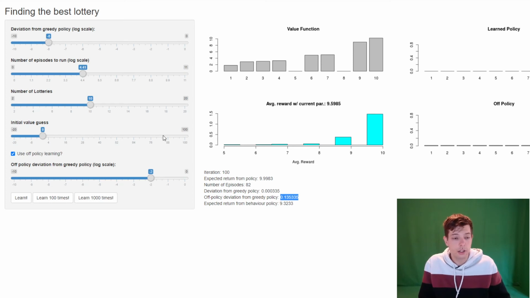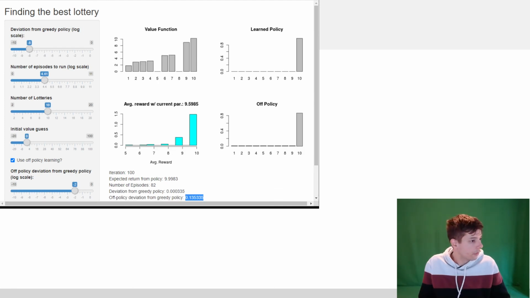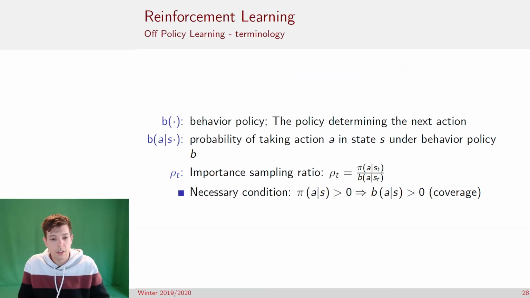Having that in mind, we will see that this is not the case if I use off-policy learning, because I will update my value function by incorporating both of these policies at the same time. And the way we do this, I can show you in a minute, is by using the behavior policy that we have just seen, which is more epsilon greedy or has a higher level of deviation.